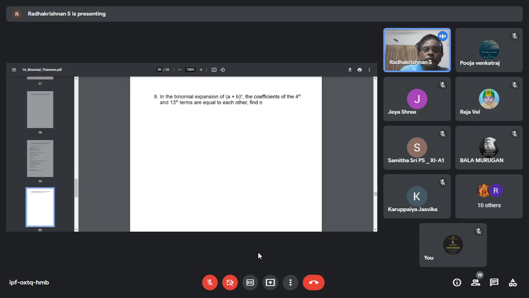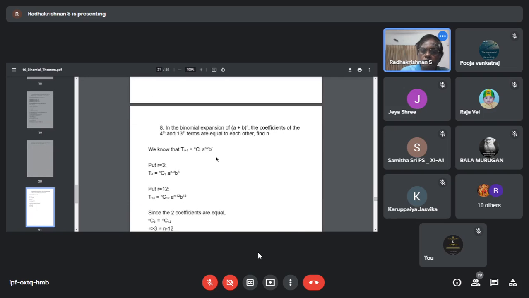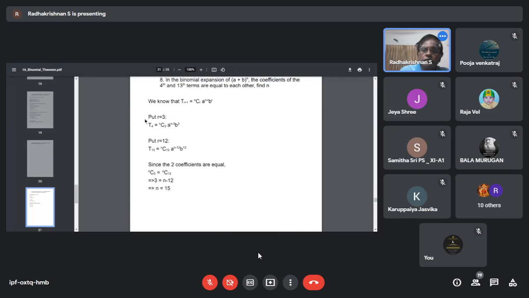So what is n then? The T13 coefficient is NC12, and NC3 equals NC12. That means 3 equals n minus 12, or n equals 15.